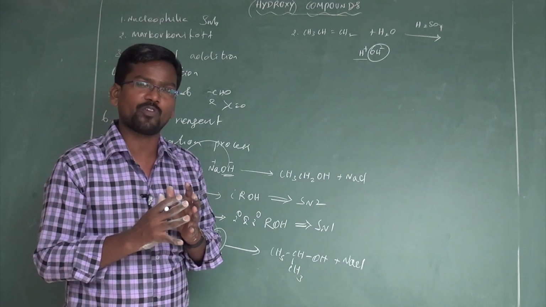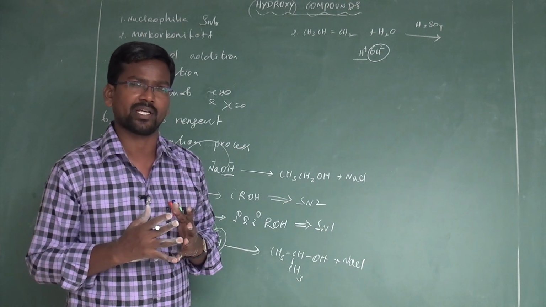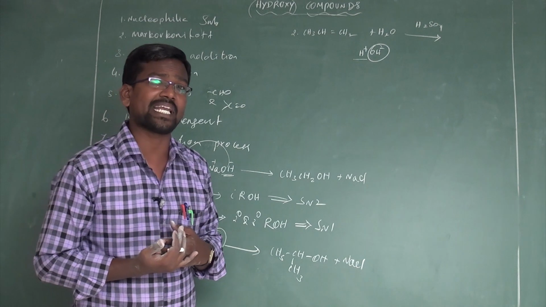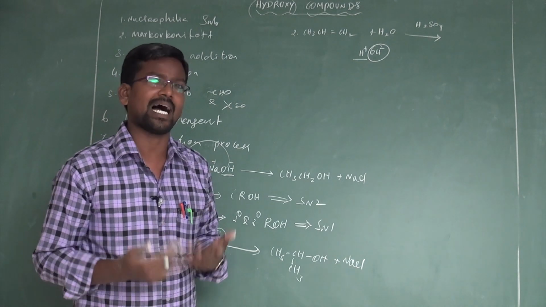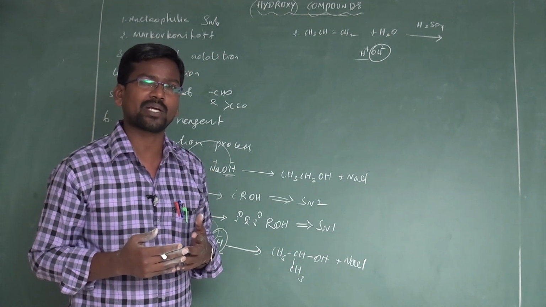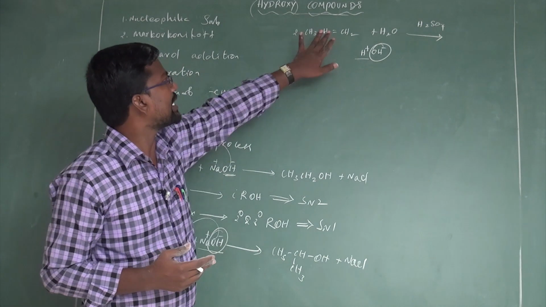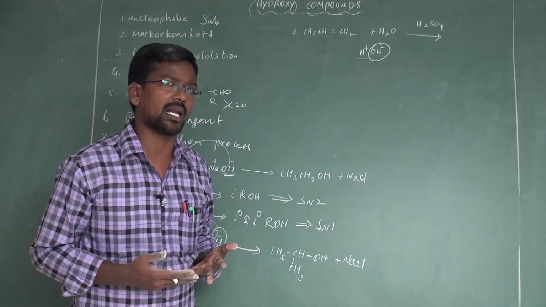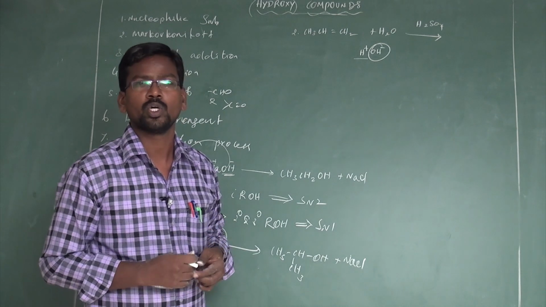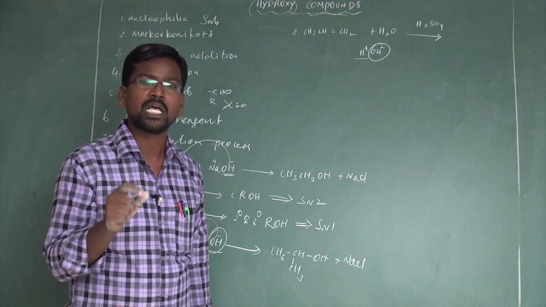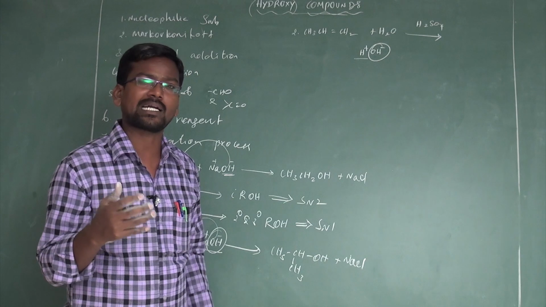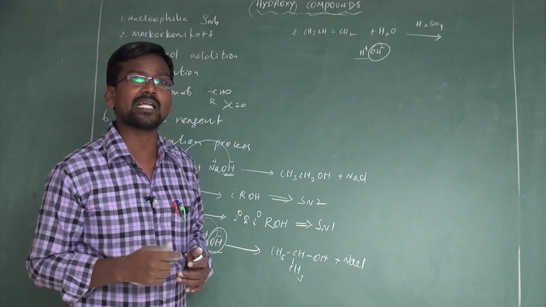When a compound like hydrogen chloride, hydrogen bromide or hydrogen iodide reacts with an unsymmetrical alkene to form an alkyl halide, or water reacts with propene or an unsymmetrical alkene to form an alkyl alcohol, it follows the Markovnikov rule. The definition: the negative part of the addendum attaches itself to the carbon having fewer hydrogens.